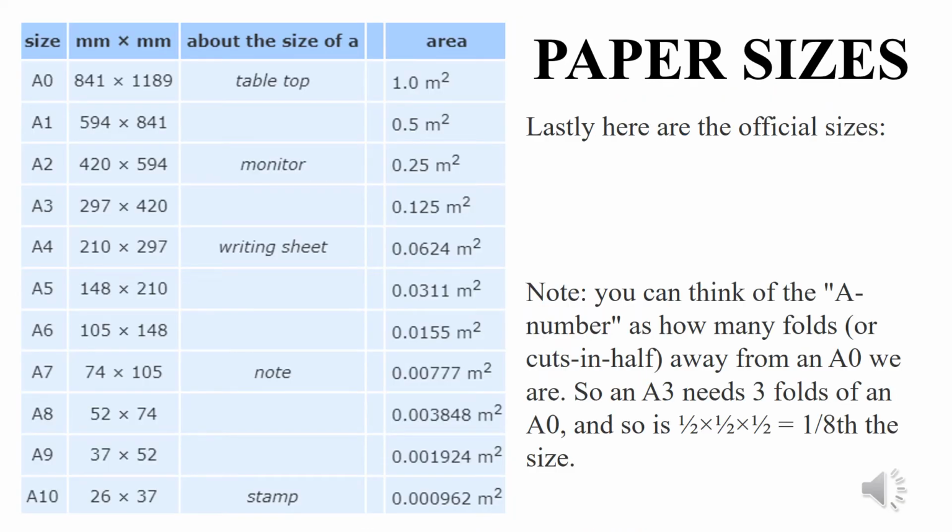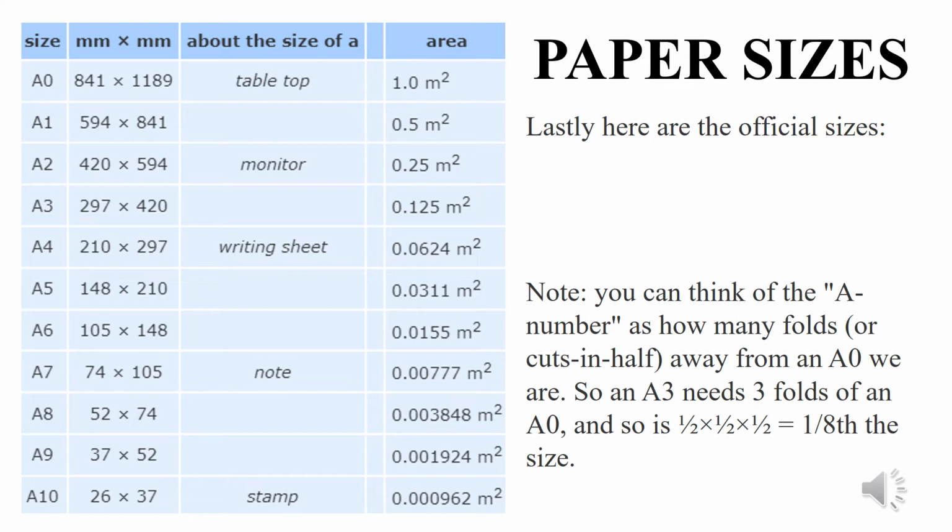Lastly, here are the official sizes. A0, 841 times 1189, tabletop, 1 m squared. A1, 594 times 841, 0.5 m squared. A2, 420 times 594, monitor, 0.25 m squared.